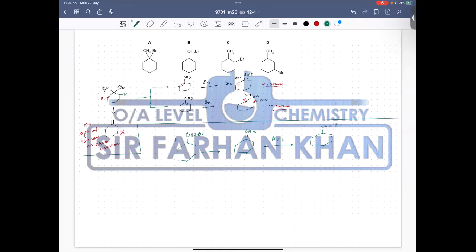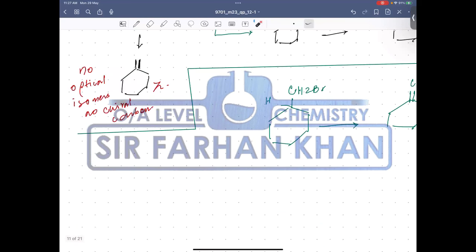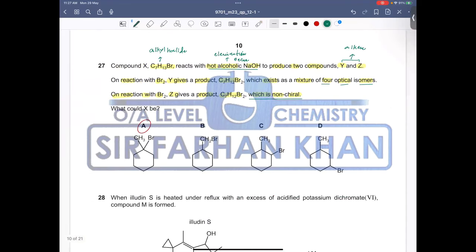First bromine is here, and second bromine is here. Now this is your chiral, and it gives you only one compound. Whereas the examiner is saying we are getting 2 different compounds, which means this option is incorrect because we are getting only one compound. I hope it makes sense to you.